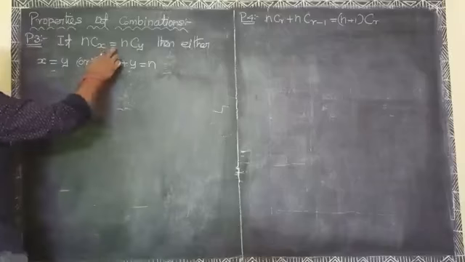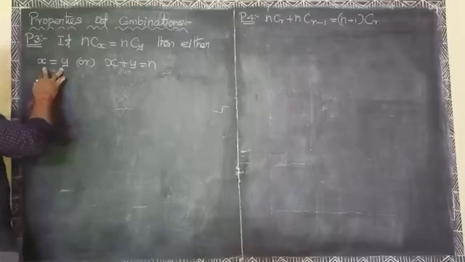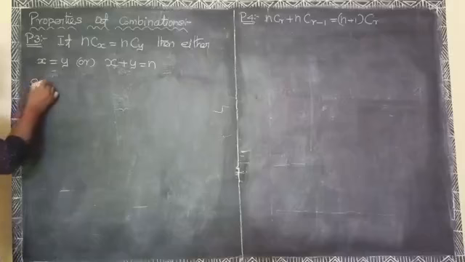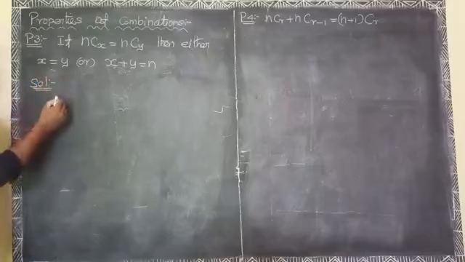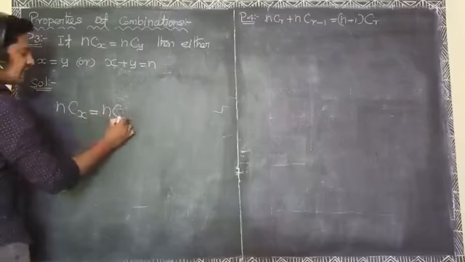Next, property number 3: if nCx is equal to nCy, then either x equals y or x plus y is equal to n. Solution: given that nCx is equal to nCy.